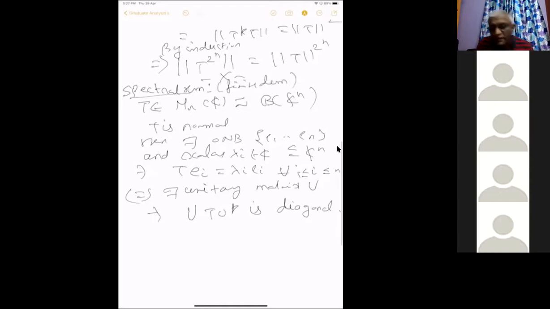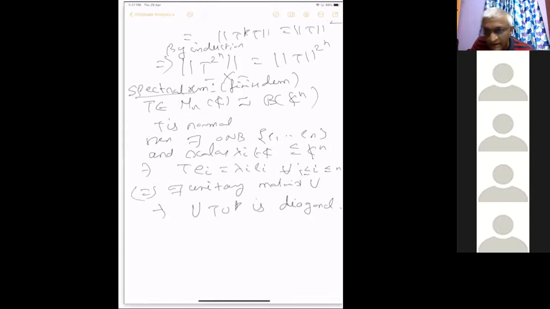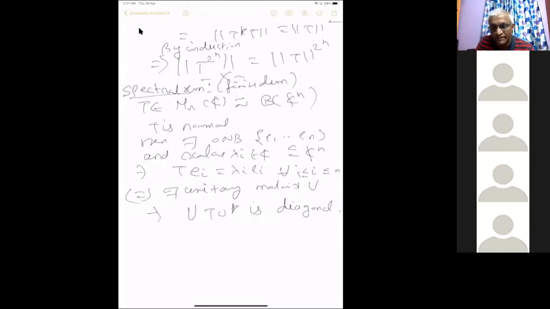Okay. So it is this theorem we want to generalize to a general normal operator. But to prove it for a general normal operator, we need something called spectral measure and some integration with respect to spectral measure. But precisely this kind of theorem will be true for a compact operator, because compact operators are like some sort of generalization of finite rank operators.